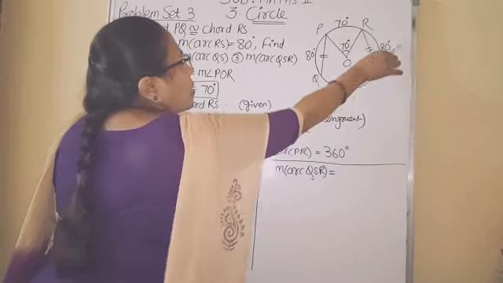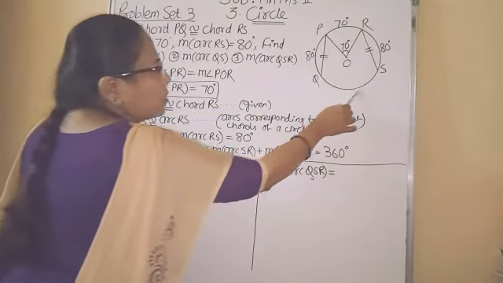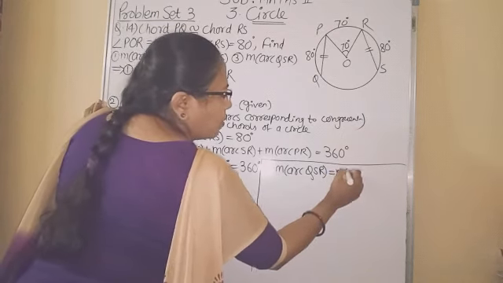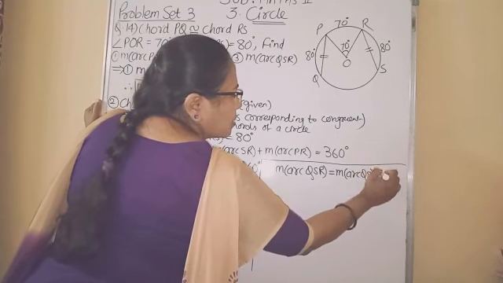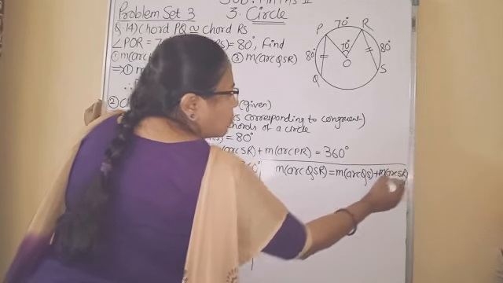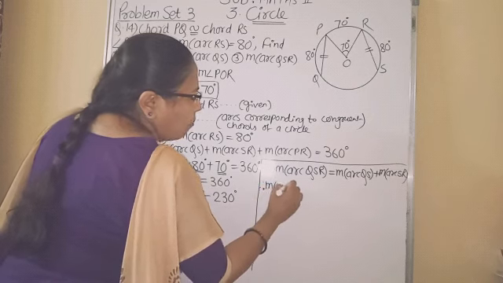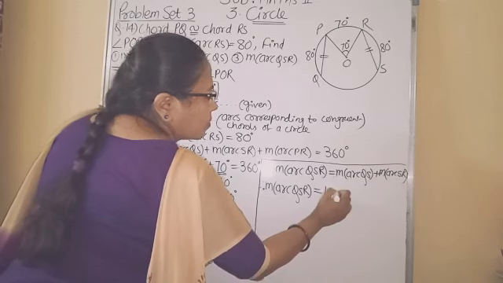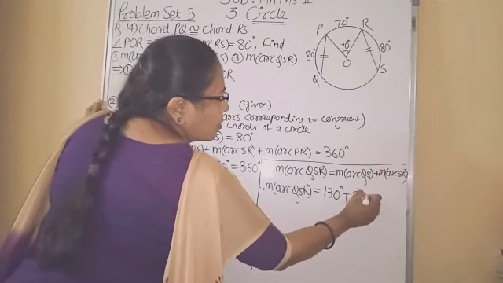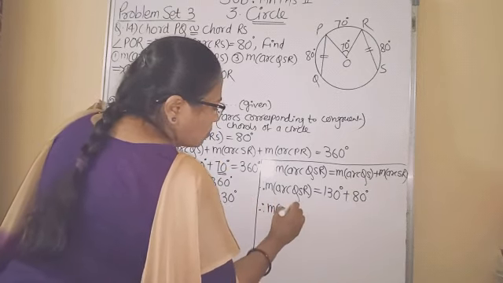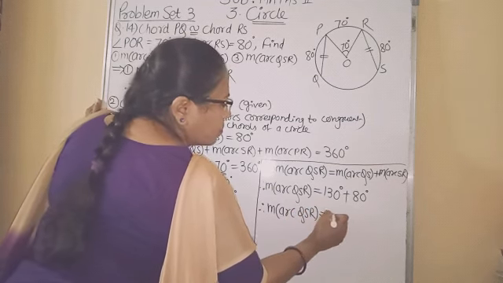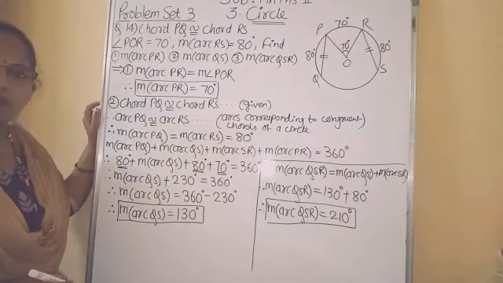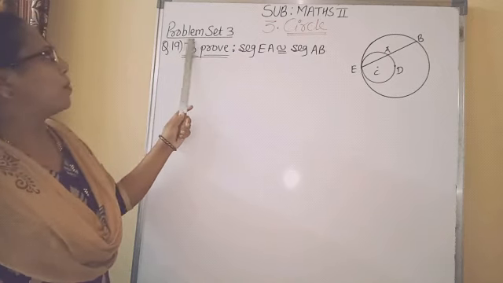Arc QSR is the addition of two arcs, arc QS and arc SR. Therefore, measure of arc QSR is equal to measure of arc QS plus measure of arc SR. Arc QS we got here as 130 degrees, plus SR is given as 80 degrees. So QSR is equal to 210 degrees. Followed?